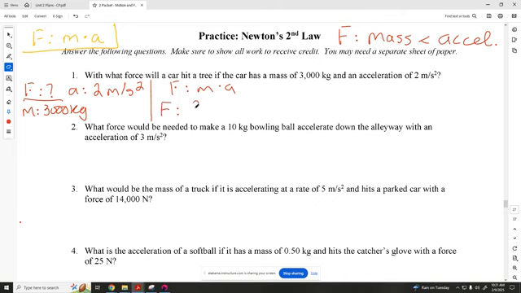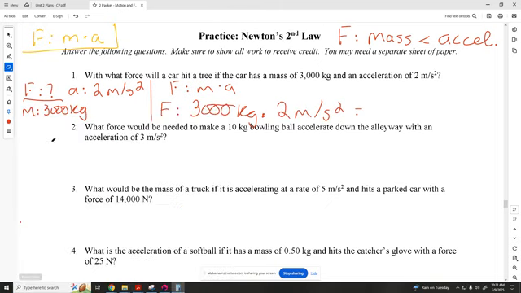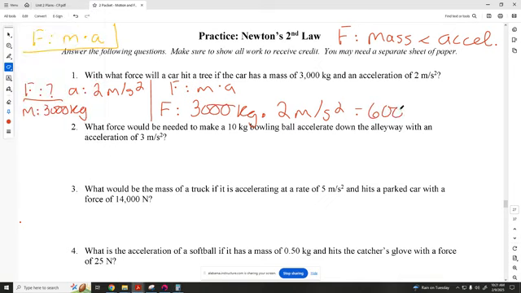Mass is 3,000 kilograms times my acceleration, which is 2 meters per second squared. All I have to do in my calculator is type 3,000 times 2, which is just 6,000 kilograms times meters per second squared, which is a Newton.